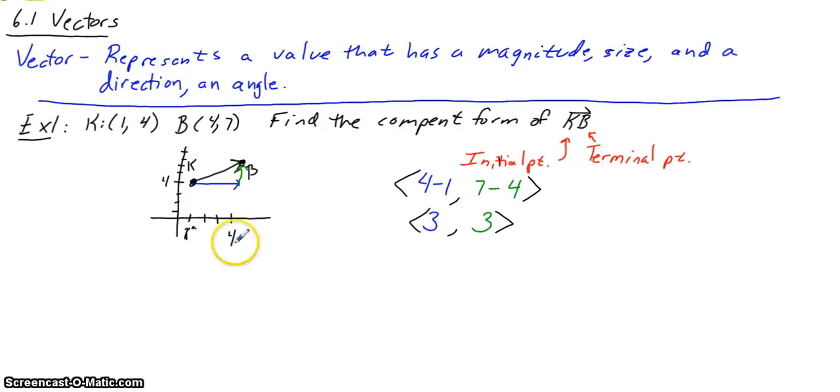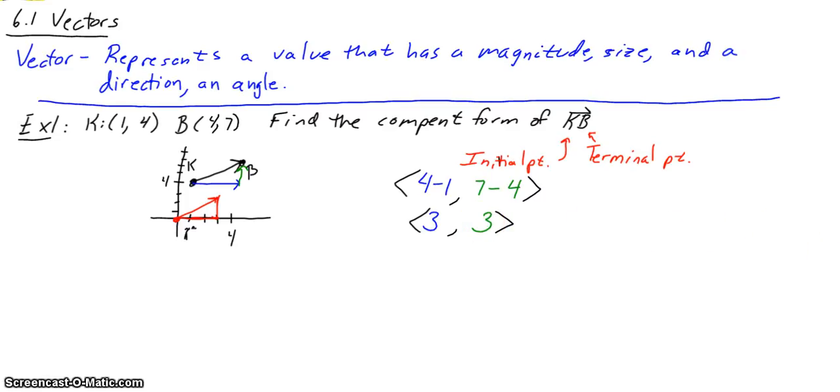So this vector goes 3 units to the right and 3 units up. So that would be the vector when we move the initial point to the origin. And we do that a lot. And that's what we envision this as. We have 3 horizontal in the positive direction, 3 in the positive vertical direction.